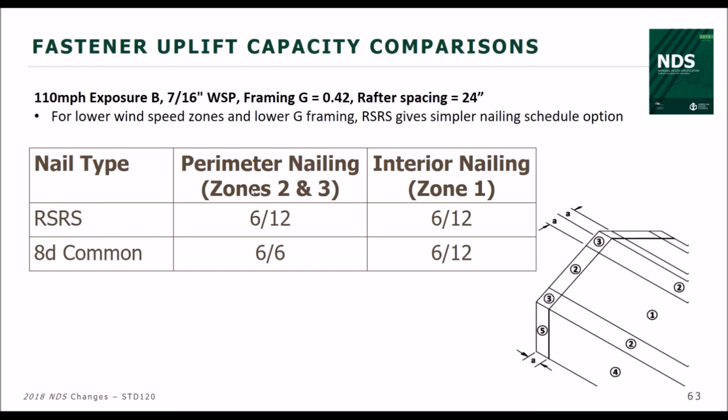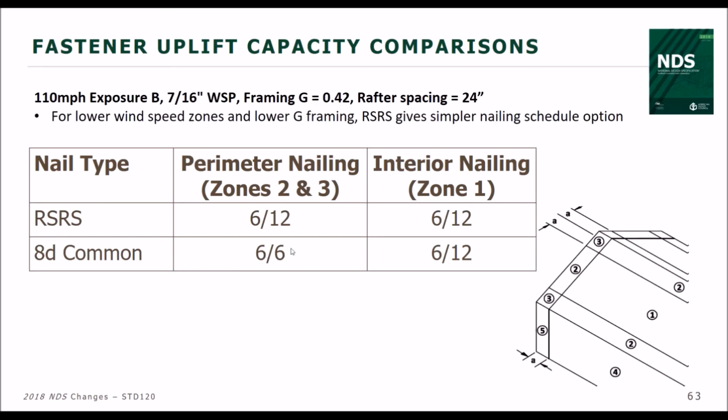If we're looking at zones 2 and 3, our roof sheathing ring shank nails would require a 6 and 12 nail spacing. So 6 inches along the perimeter of the sheathing, 12 inches in the field. Whereas an 8-penny common would require a 6 and 6 nail pattern.